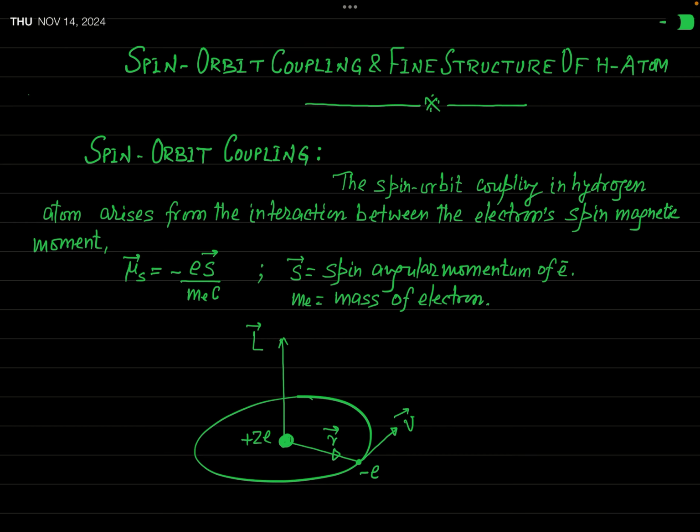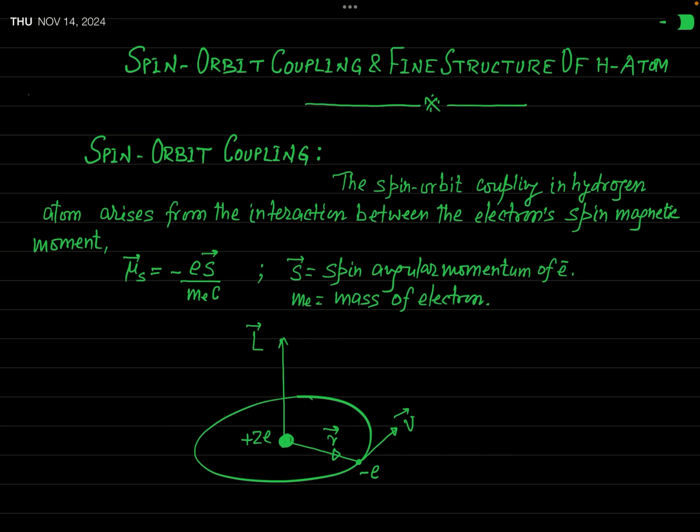Again, first of all, when you talk about the spin orbit coupling and how much energy is due to this spin orbit interaction in the hydrogen atom, we will calculate it by the classical concept.